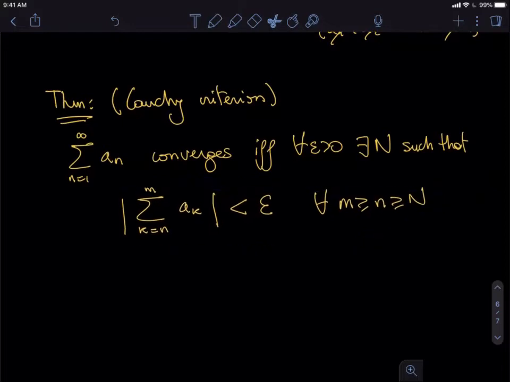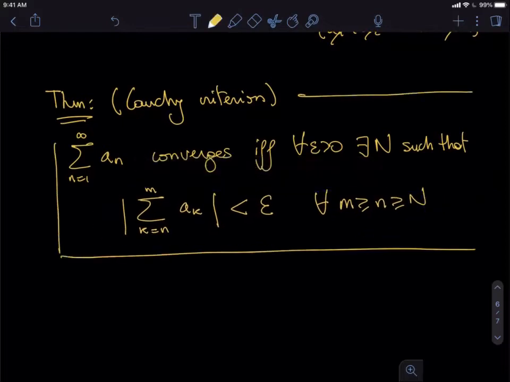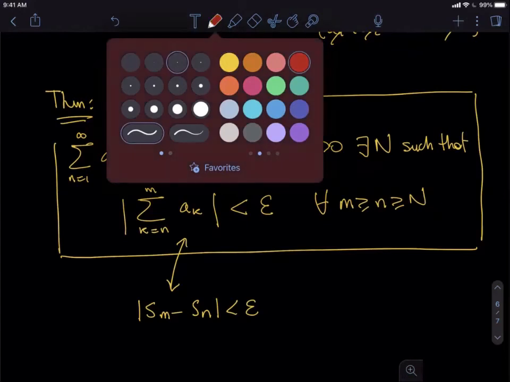Okay, and here we see the connection. What we are saying with this condition is that Sm minus Sn is less than epsilon. Okay, well, actually, this is not quite correct.